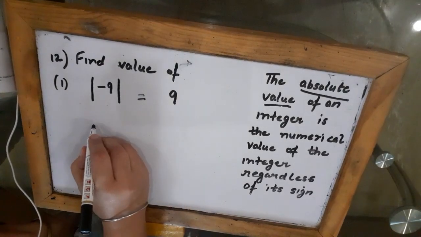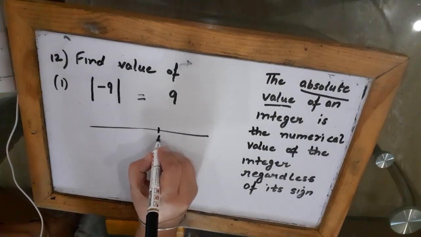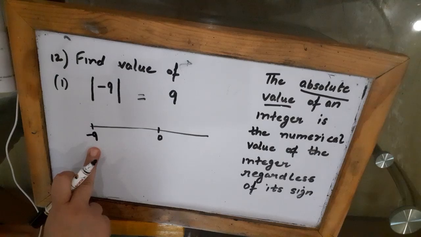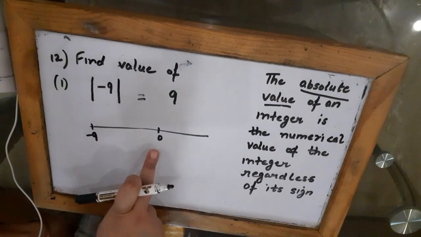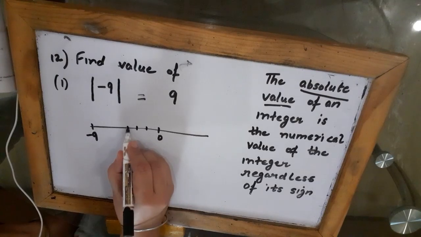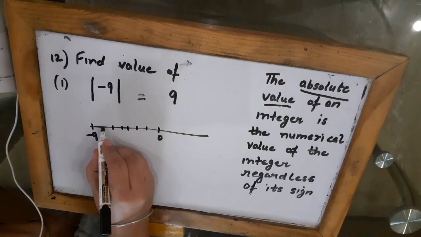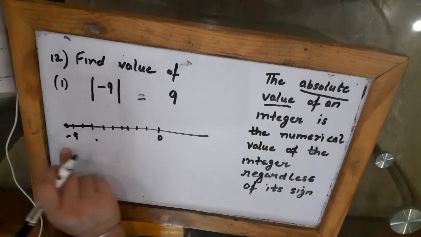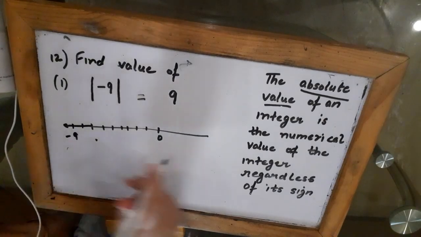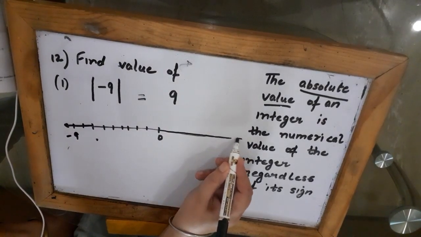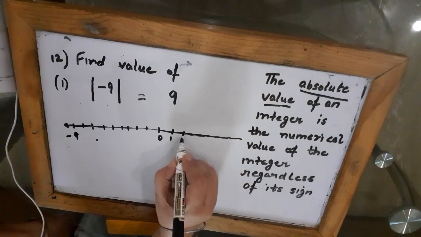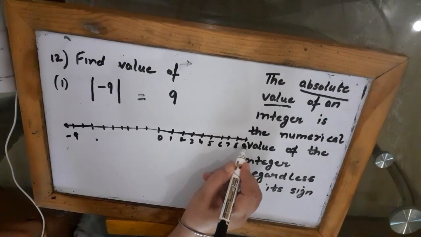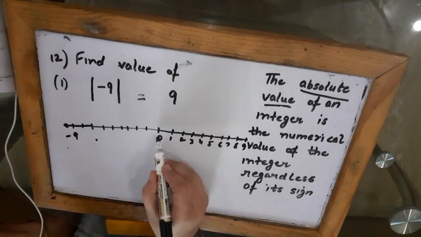If I explain on the number line, absolute value means how far is minus 9 from 0. How far is it? It is 9 units away from 0. And if I ask you what is the absolute value of positive 9, that also is 9 units away from 0.